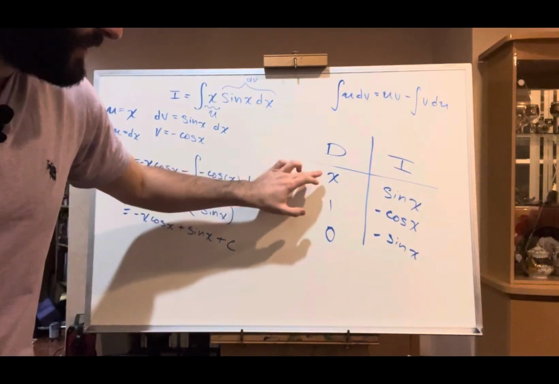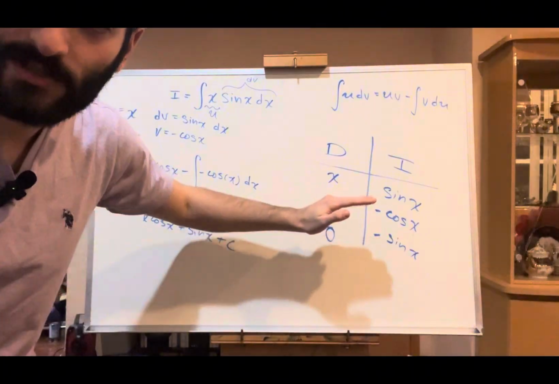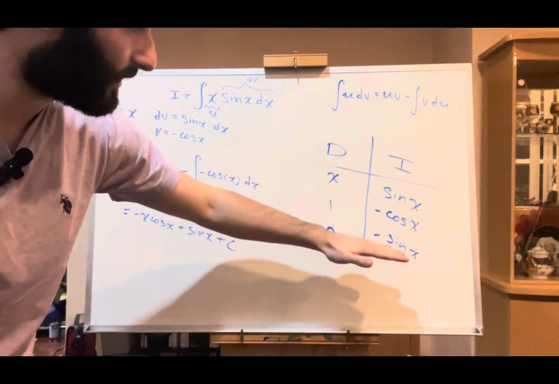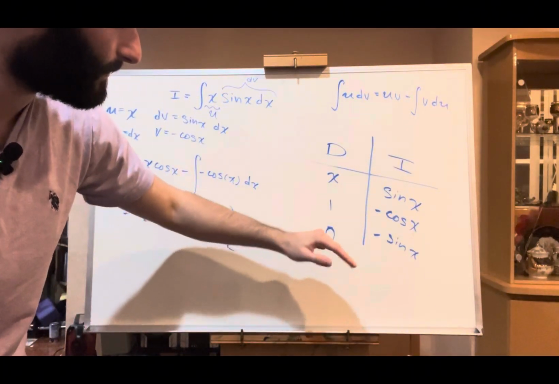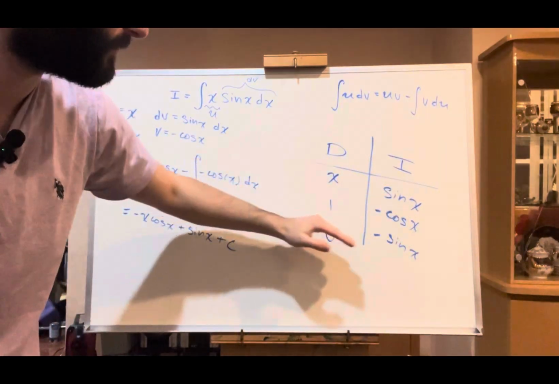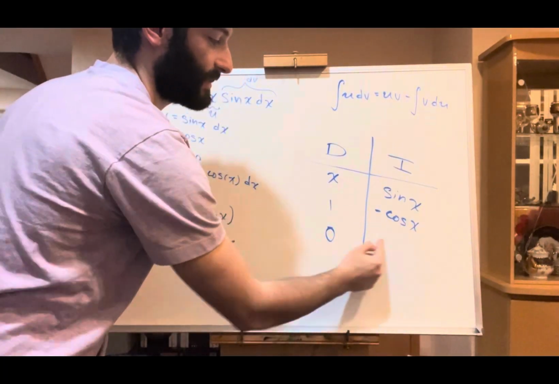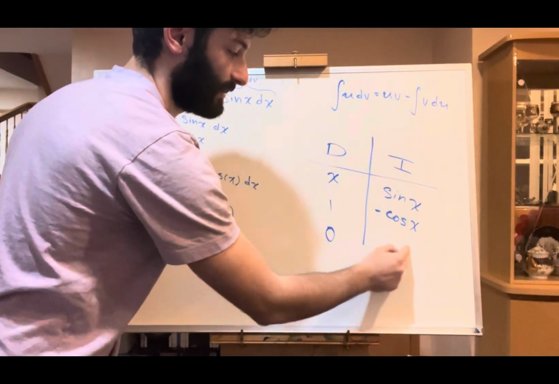So we differentiate the function until it goes to 0, and then we integrate it as many times as we need to make sure that each row is full, right? If we stopped here, we're missing another term in this row.